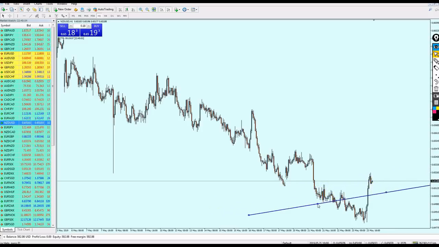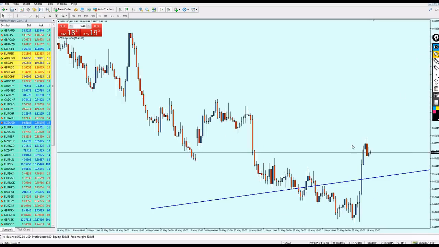Now let's see, for example, if I place it on this one. We need a support trend line that has been broken out. If we look carefully, we have a small support here. I don't know if I can zoom in, hold on.